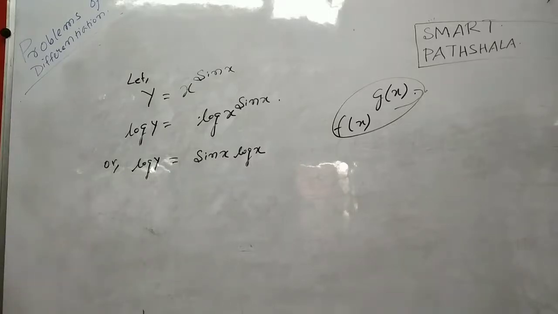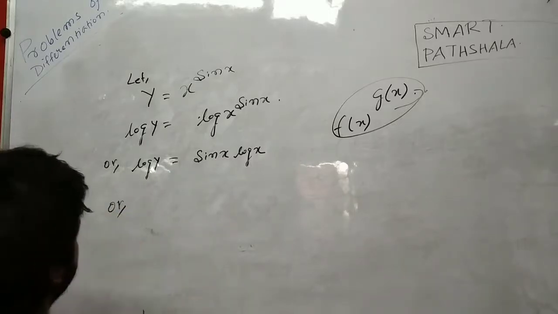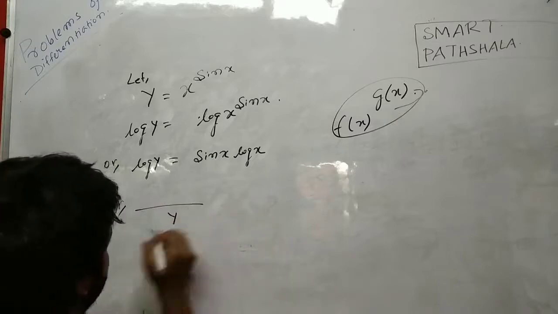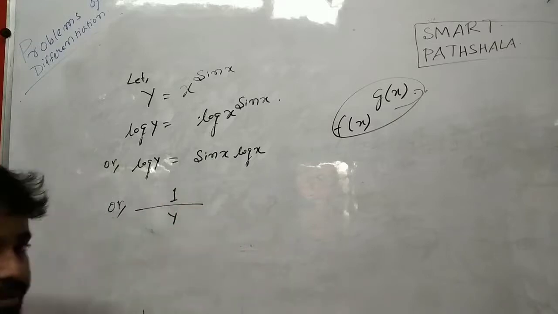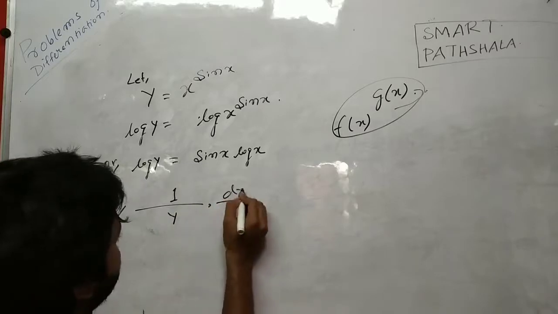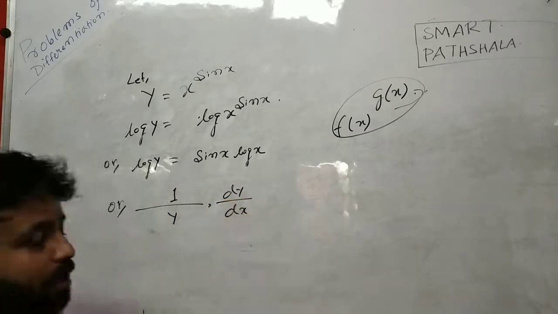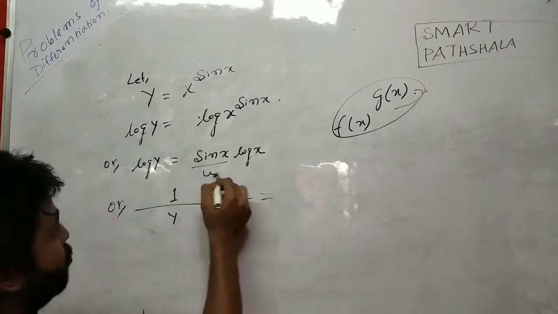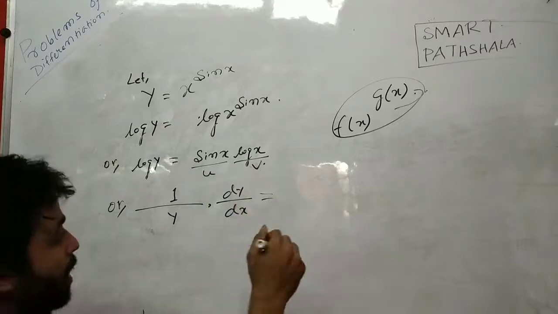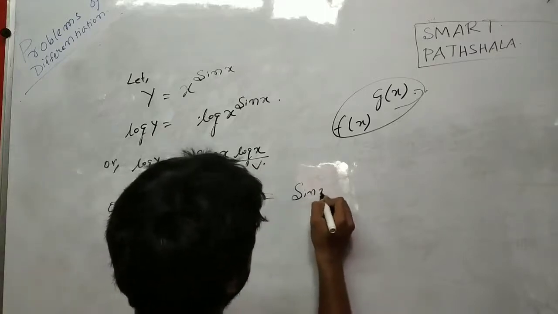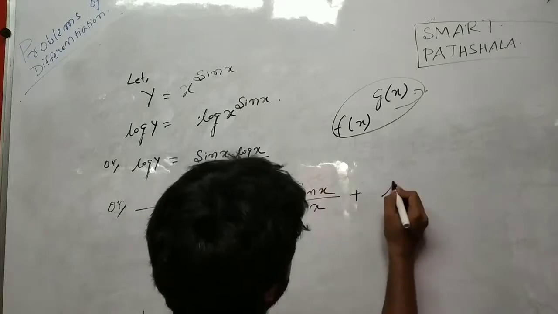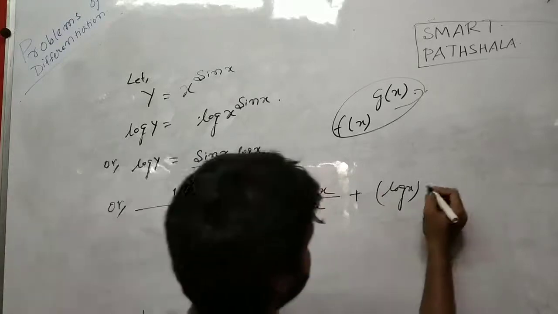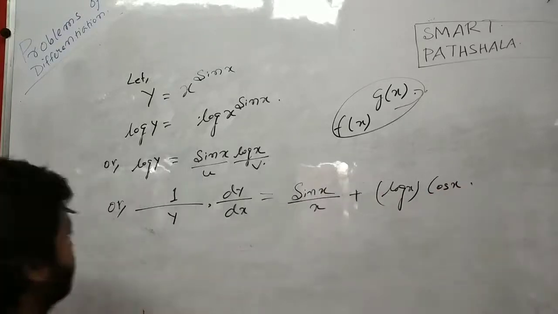Now differentiate. At this step you need to differentiate. After differentiating with respect to x, what you will get is 1 by y, definitely, and then you will definitely have a dy dx term in this position. Now again, you will definitely have the u into v rule, and you will have sin x by x plus log x, with the derivative of sin x being nothing but cos x.